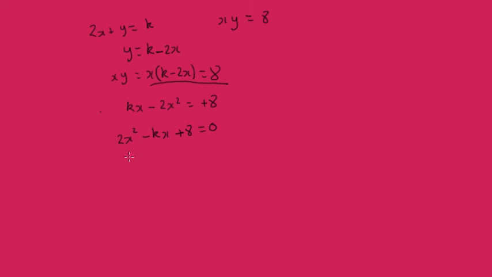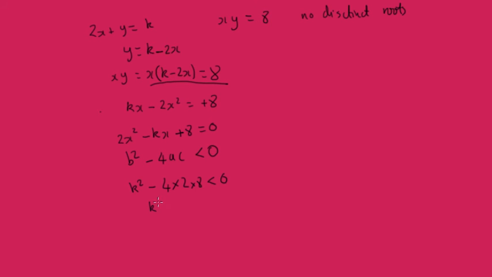Now for b squared minus 4ac, we want this to have no real roots this time. So this has to be less than 0. So b is minus k, so it's going to be k squared, minus 4 times 2 times 8, less than 0.